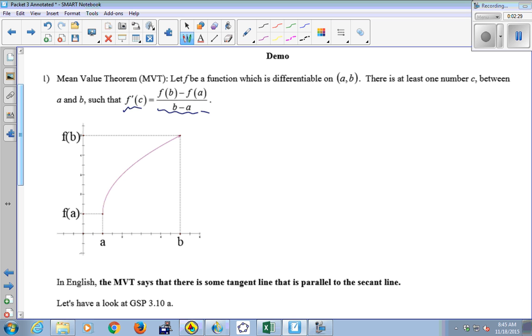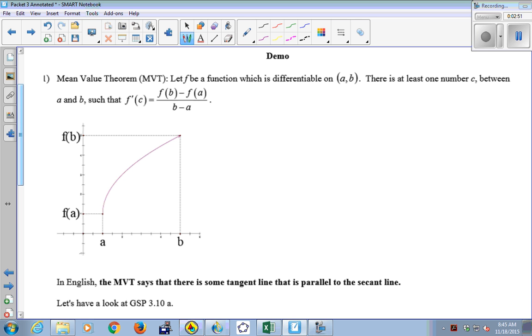The secant line, yeah, slope of a secant line that connects the points at a and b. So we've got slope of a tangent line equals slope of a secant line. What do lines that have the same slope look like? They're parallel, yeah.